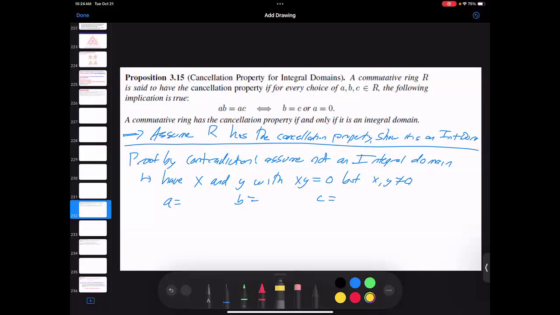So the only thing we really know right now is x times y equals 0, and x and y are not 0. So what must be coming into play in determining A, B, and C? What quantities must somehow play a role in constructing A, constructing B, constructing C? What do we have to play with?